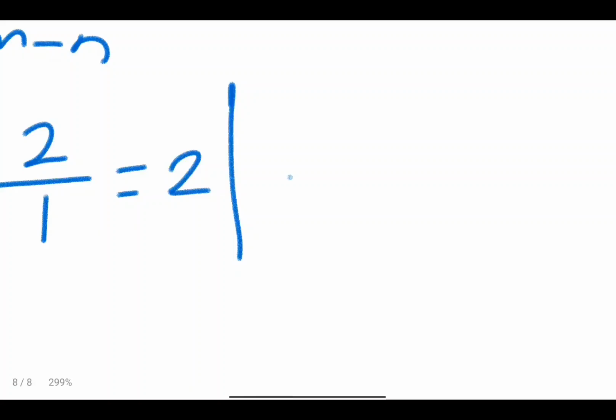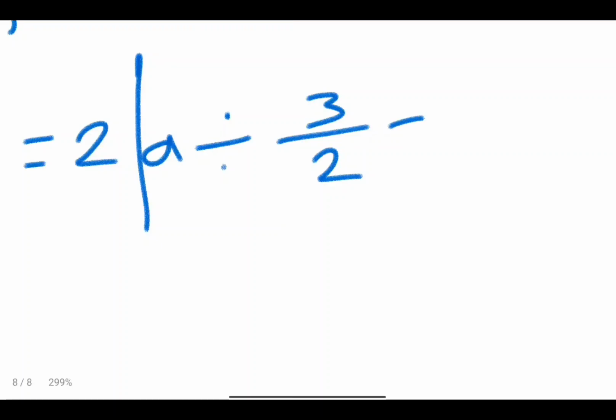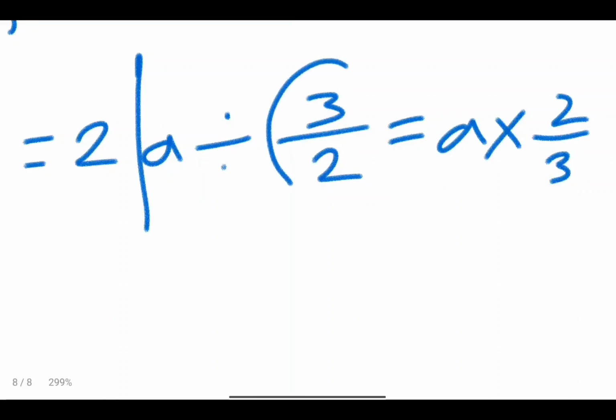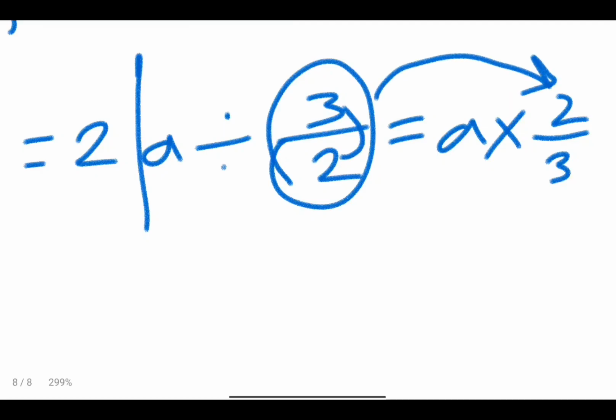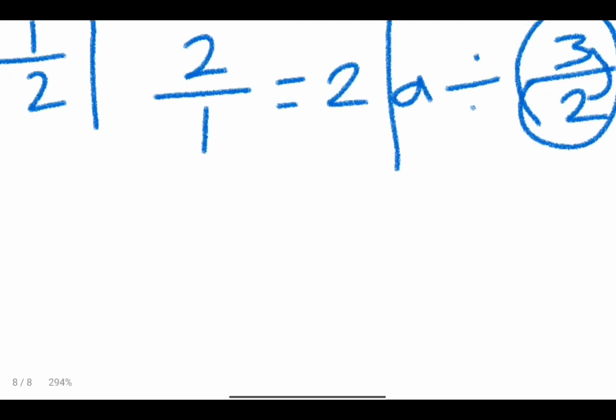However, let's say we are dividing a by 3 by 2. It is the same as a times 2 by 3. So remember this very basic thing, that whenever you are dividing by something, you are actually multiplying by its reciprocal, replacing numerator and denominator with each other.